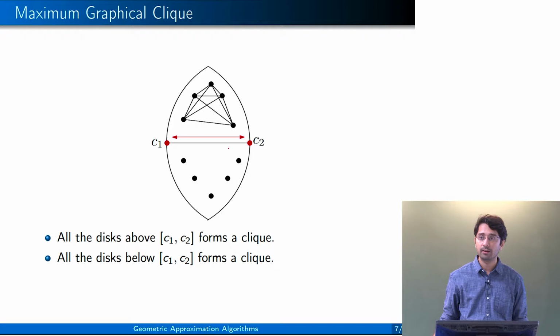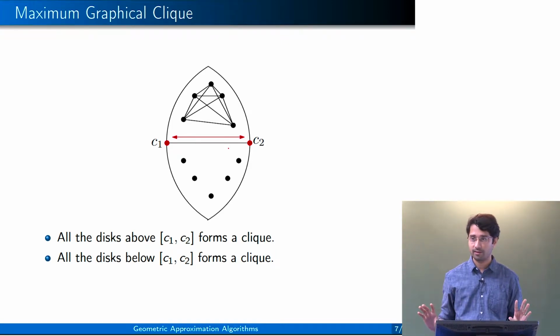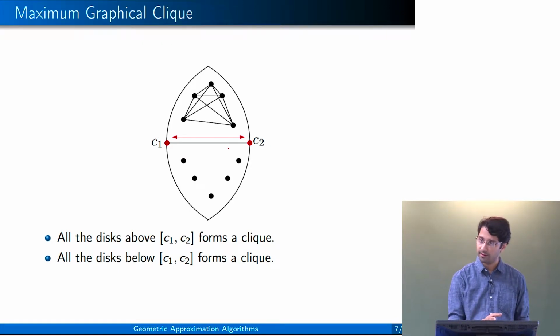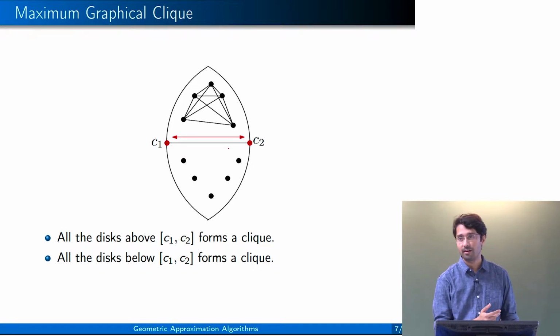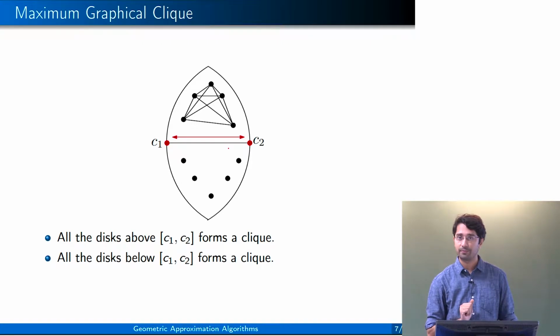Bipartite? What is a bipartite graph? I can divide it into 2 independent sets. So, this is not a bipartite graph, but very good, this graph is the complement of a bipartite graph.